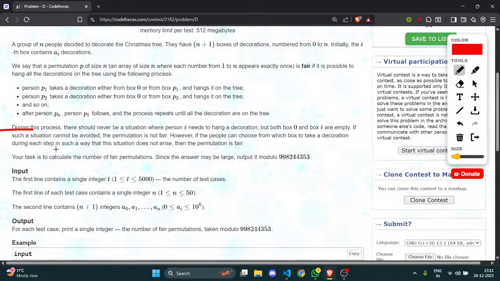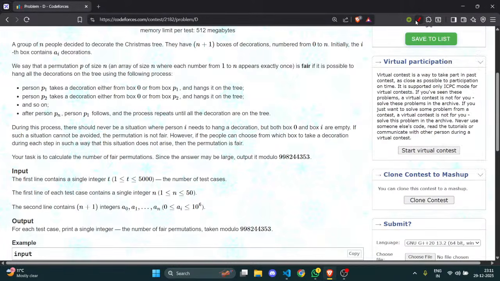So during this process, there should not be a situation where person i has two choices, either take from box i or take from box 0, and if both boxes are empty, he can't decorate the tree, and those situations should be avoided, and the permutation would not be fair. So person 1 takes from box P1, person 2 takes from box P2.